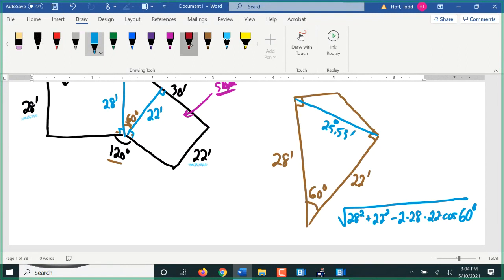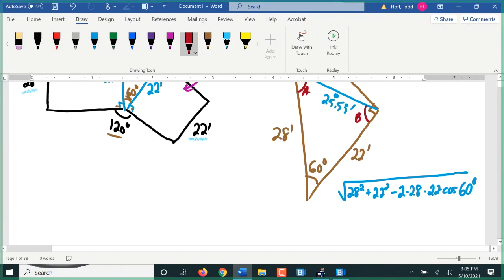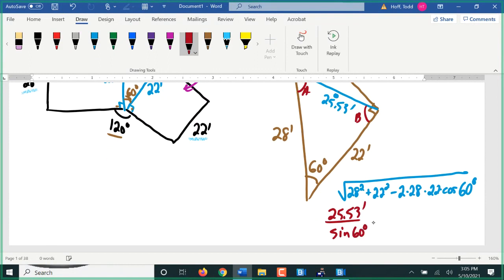Now that we have that, we can find these angles. I'm going to call this angle A. I know that 25.53 feet over the sine of 60 degrees equals, we'll do the shortest one first, 22 over the sine of A. So we cross multiply and divide here.